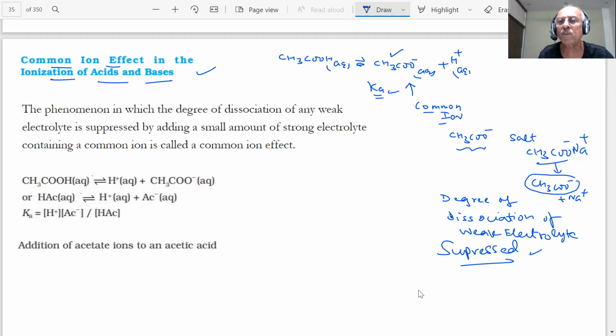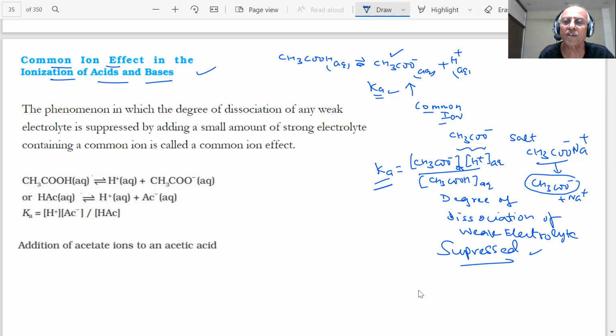Why is this happening? What is the reason? Because if I see the Ka value, Ka equals CH3COO minus times H plus divided by CH3COOH, all aqueous because they are in water.